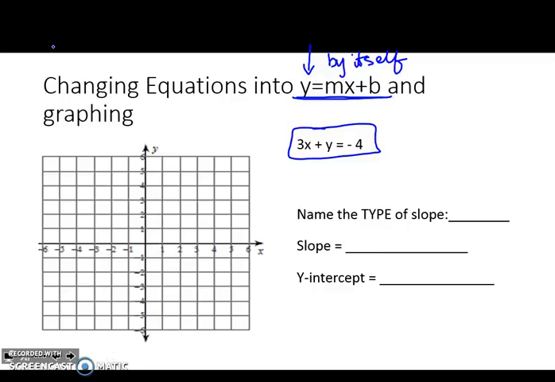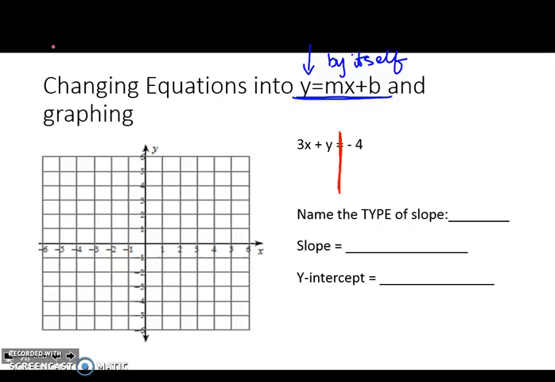So we have to move everything that is not supposed to be with the y to the other side of our equal sign. Okay, guys, you're going to have to remember your solving equations problems. So our goal is to get the y by itself. So that means I have to move everything else over to the other side of the equal sign.